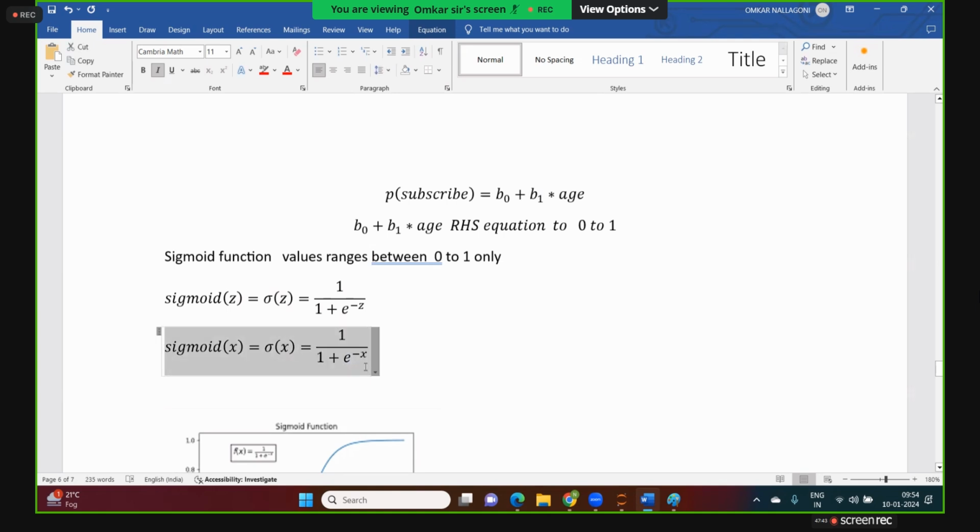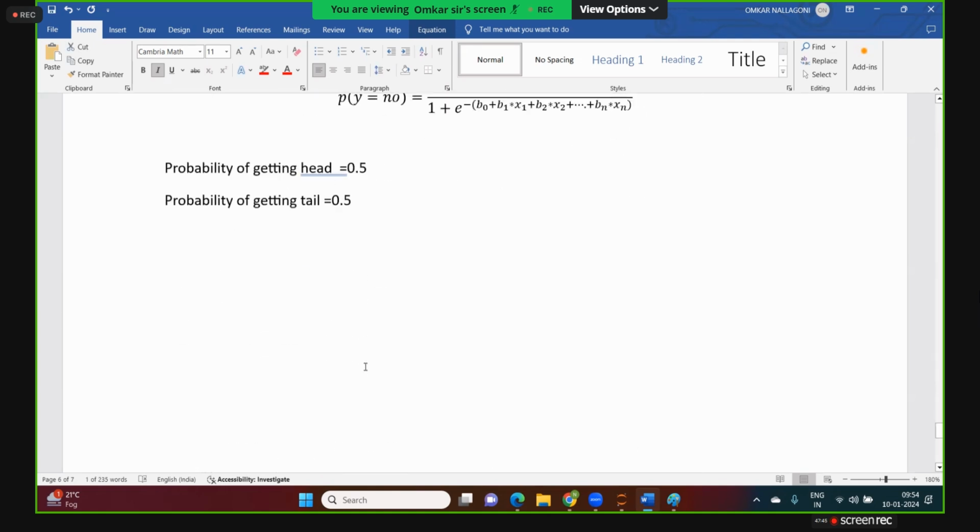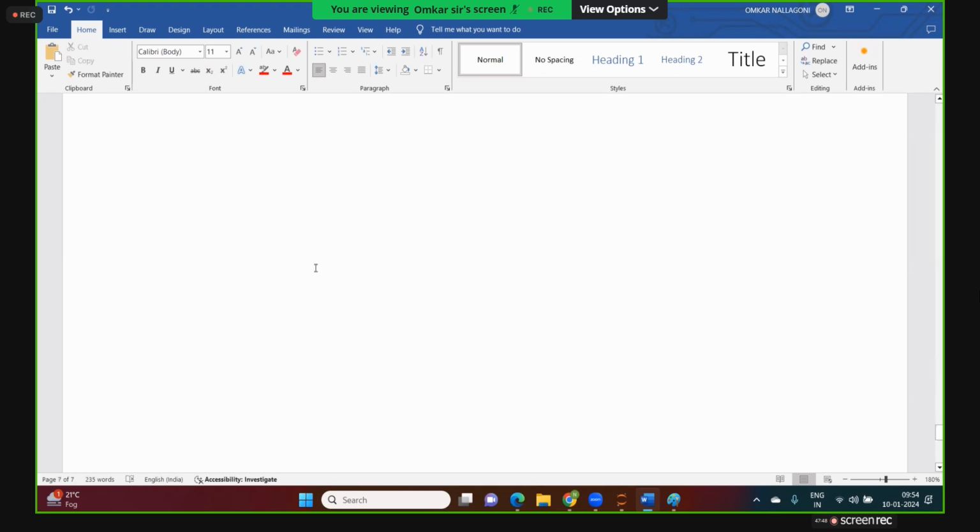What is x equal to 0? Tell me. Case 1: x equal to 0, then sigmoid of x will become how much?